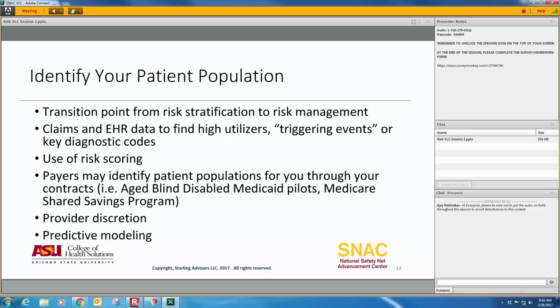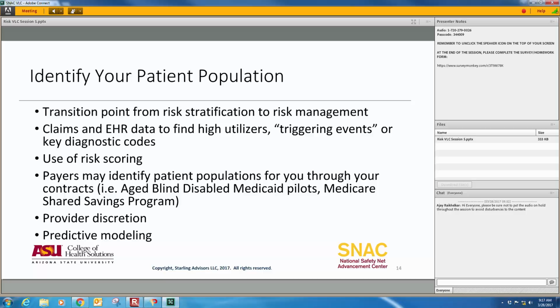Risk scores are important and looking at a wide number of variables is critical, but the providers themselves are often going to know these patients better than anyone, so making sure that there's flexibility in those models to allow providers to play that role. And then finally, as we get toward more advanced models of using our data, predictive modeling is something that plans and payers often will use, and it's another piece of the overall puzzle in terms of how those patients are identified.